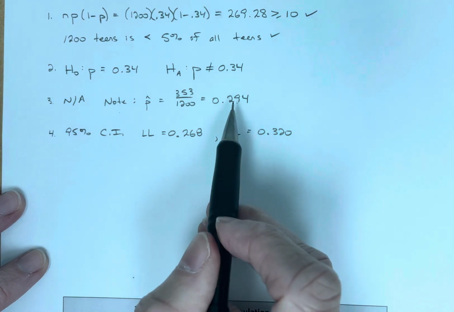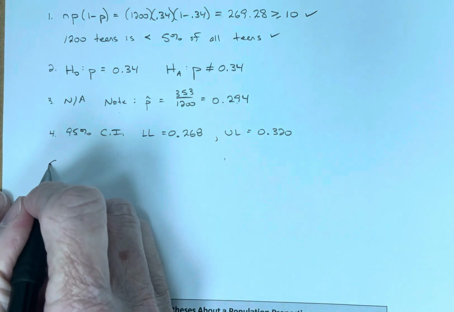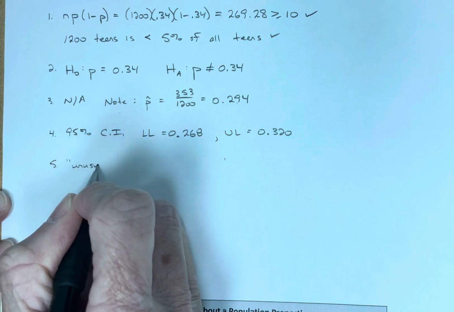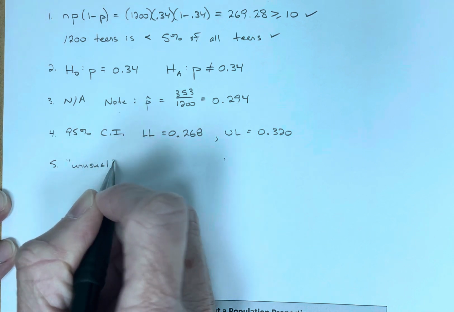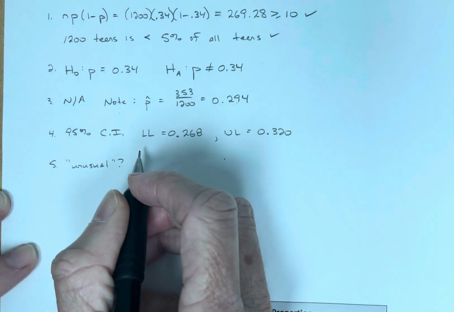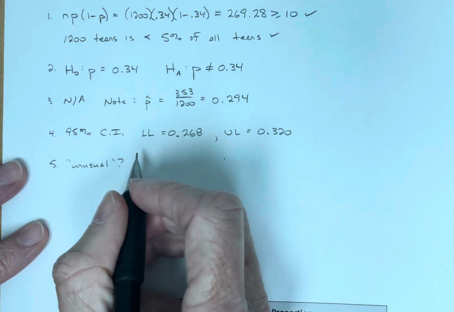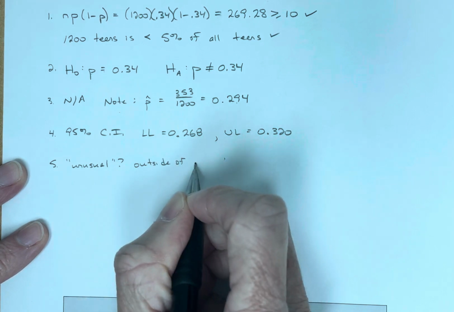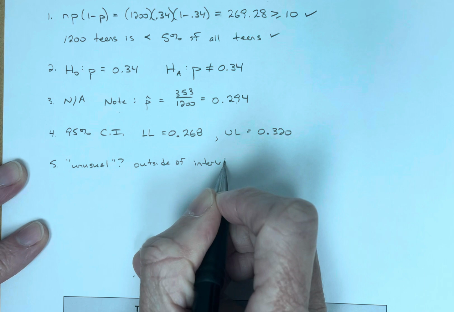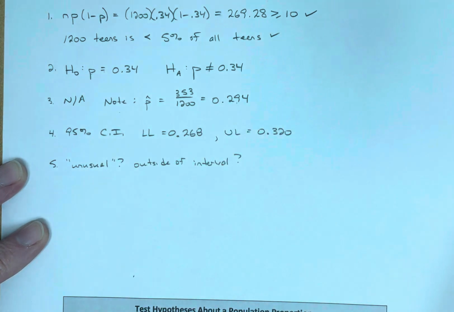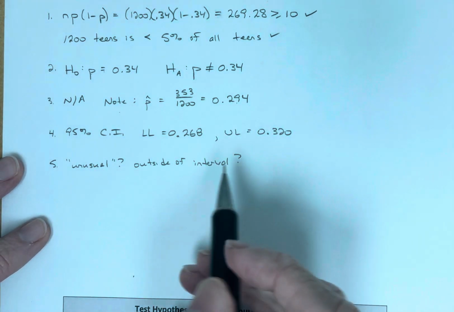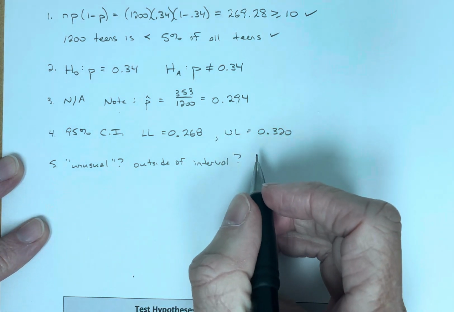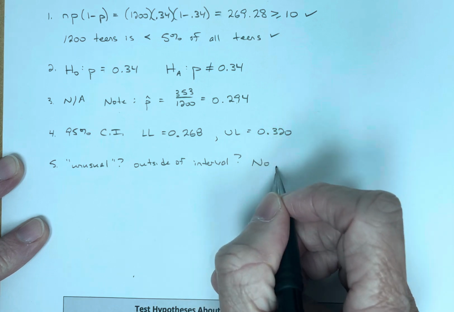StatCrunch did the same. Now let's take a look. Is this unusual? Unusual means outside of the interval. Is it outside of the interval? Well, no. 0.294 is not outside of this interval.